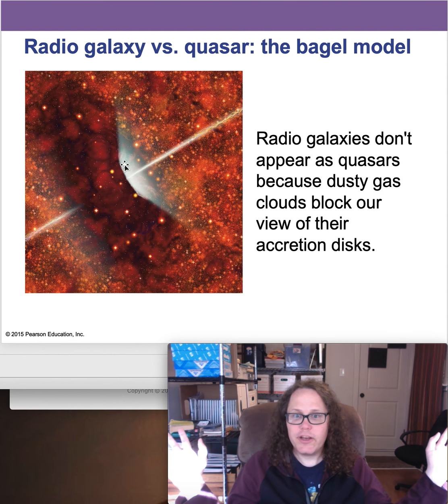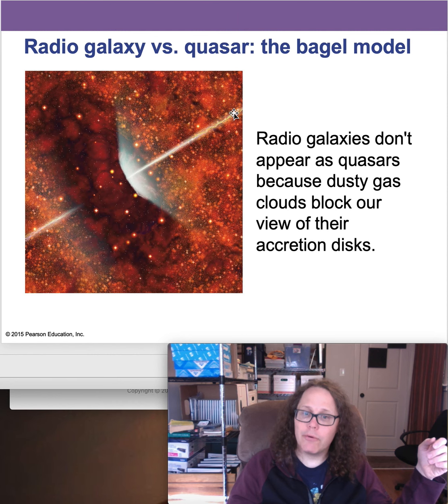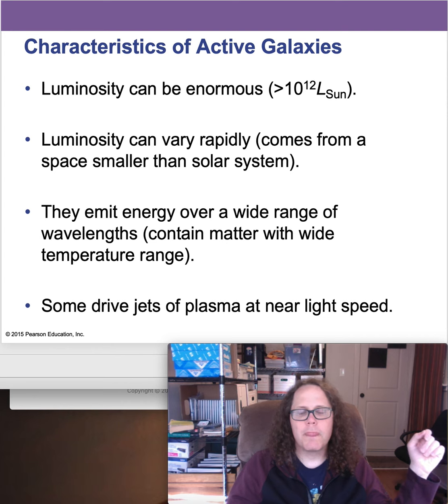We're going to see the trillion solar luminosity center of the galaxy. On the other hand, if we're looking at the bagel from the side, then we're not going to see it. It's going to be brighter than normal, but we're not going to see the quasar. What we'll see are the jets. So this is more likely to be a radio loud AGN if we're looking at the bagel from the side. If we're looking right into the bagel, it's more likely to appear to us as a quasar.